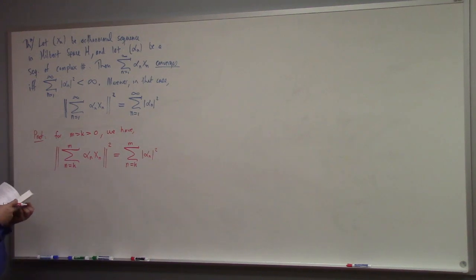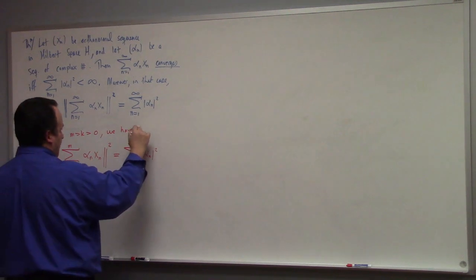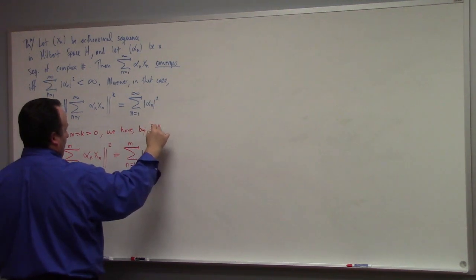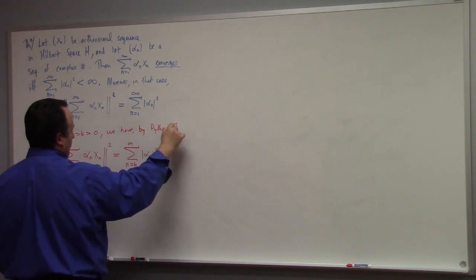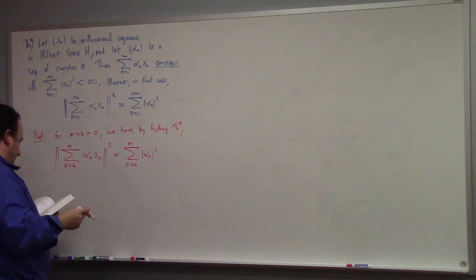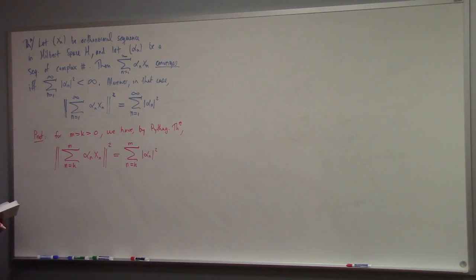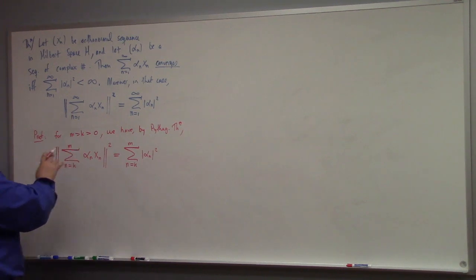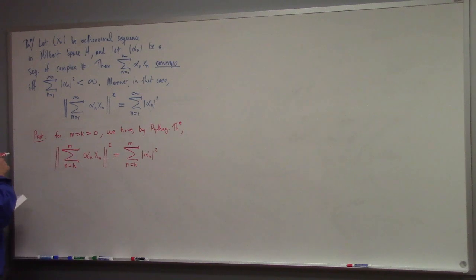Why is that true? By the Pythagorean theorem we have that, right? Now why are you interested in this? We're going to have to somehow harness the fact that it's a complete space, right? So you see we're looking at the tail of the series. This is a typical argument.